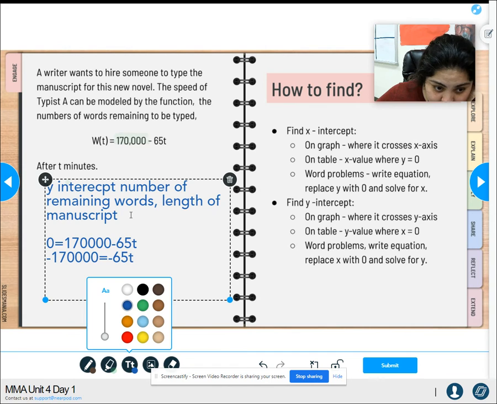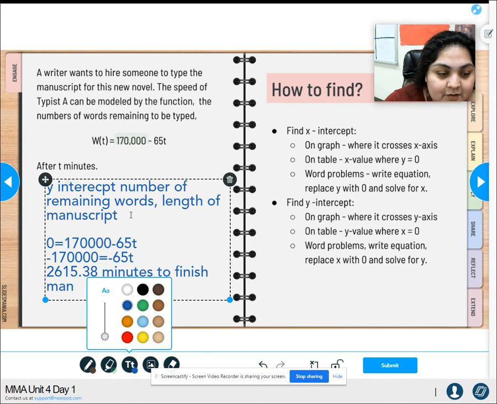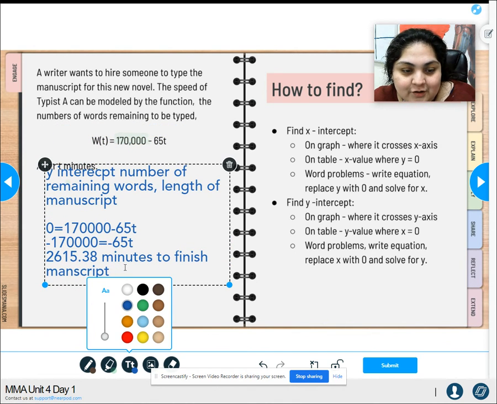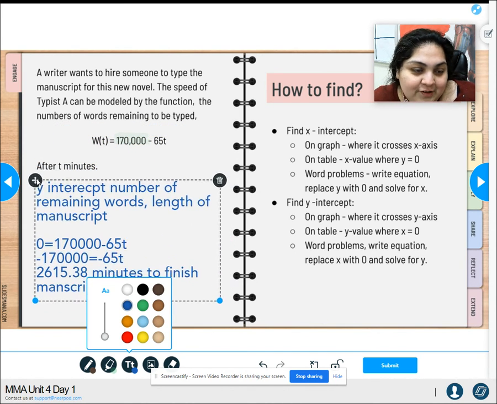All right, let's do 1,700,000 divided by 65. Remember, 2 negatives. This is going to give me 26,153.8 minutes to finish the manuscript. I hope I typed the manuscript right. Nope. Added extra. That means that he would have 0 words left.